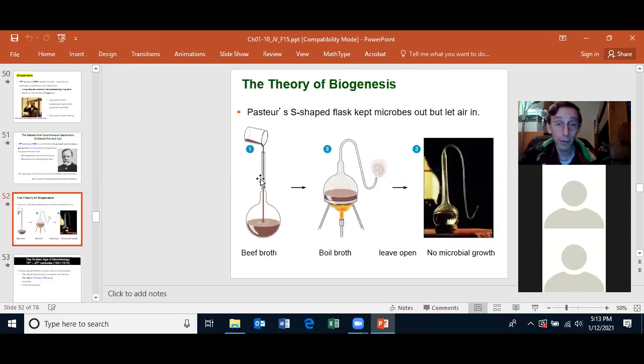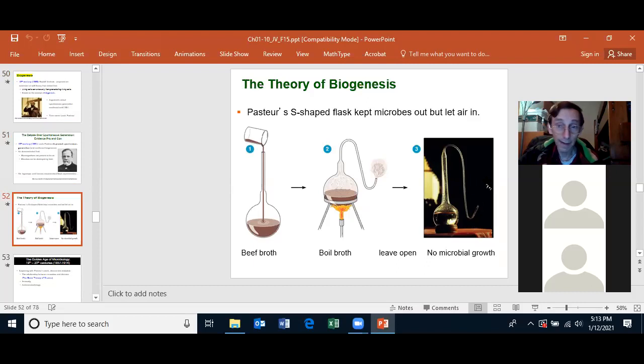What he did was he poured beef broth into a flask like this with a long neck glass, and then heated the glass and bent it into the swan neck. Because he heated it, this media was then sterile. And then when the microbes came down from the air, they could fall into the open glass swan neck flask, but the microbes would settle right there because of gravity.